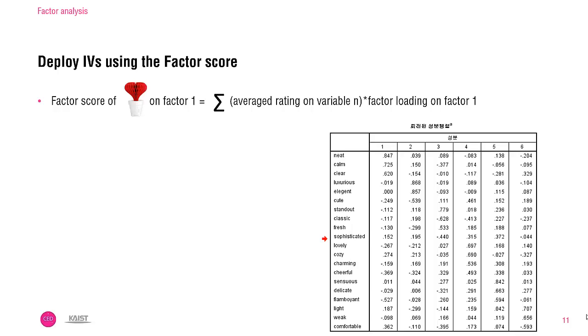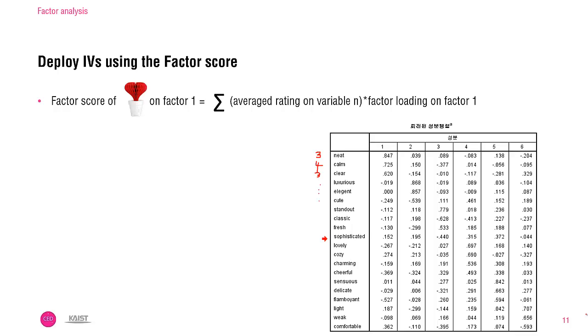Therefore, we can have an average score of love pot on the neat scale, calm scale, clear scale, luxurious, and so on. So let's say the average score for neat was 3, and calm was 4, and clear was 3, and so on.